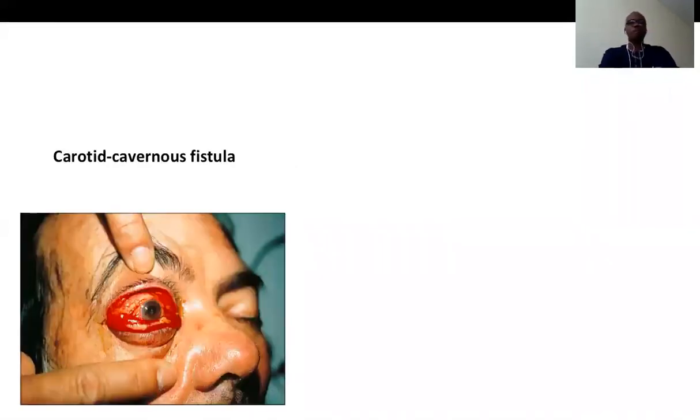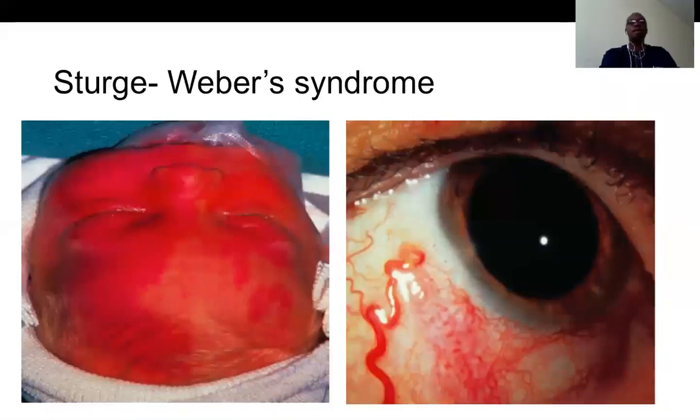This picture shows a patient with glaucoma from carotid cavernous fistula. This baby is a case of Sturge-Weber. You can see the port wine stain. The second picture shows engorged episcleral veins.